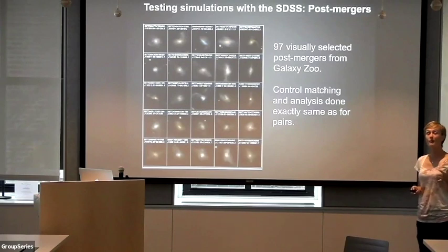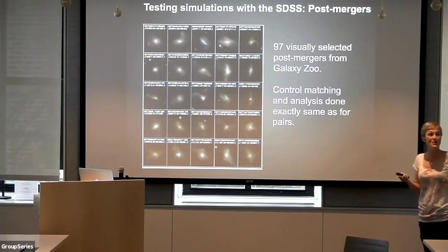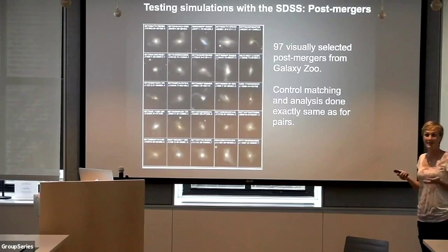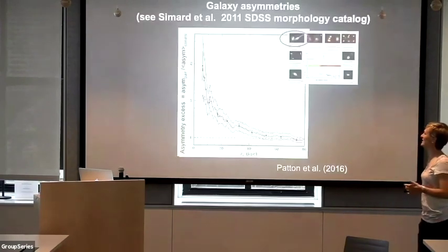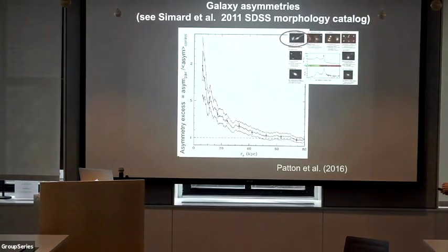So we'll start off by looking at that first prediction, which was that we should expect morphological asymmetries. Now, this is something we already have a good sense is going to be true, because we know just by looking at images of galaxy mergers that they have these features. But we can do this quantitatively as well.